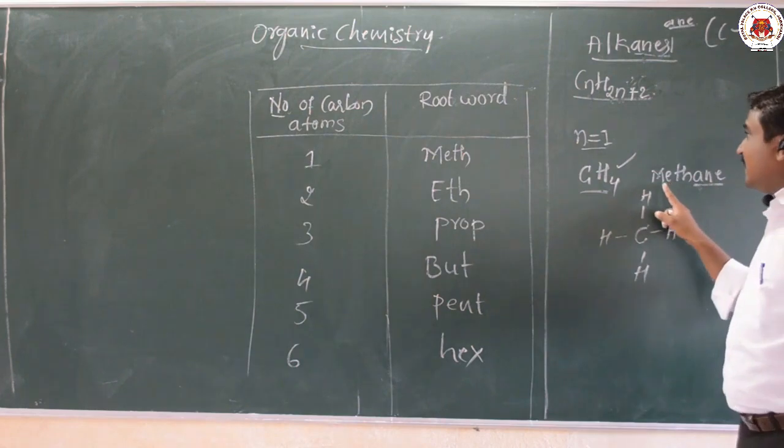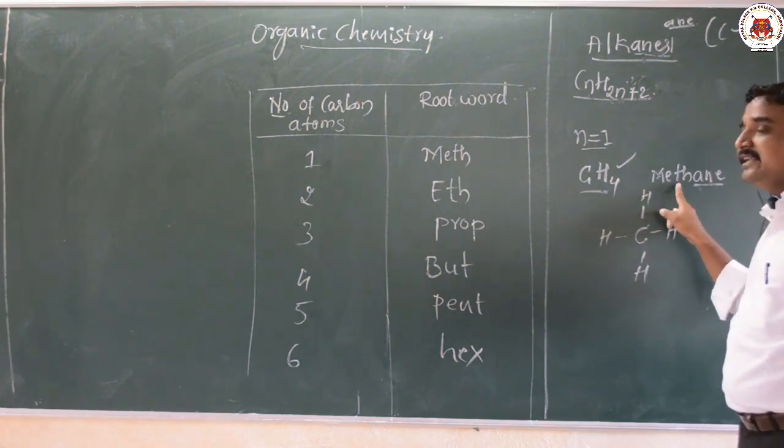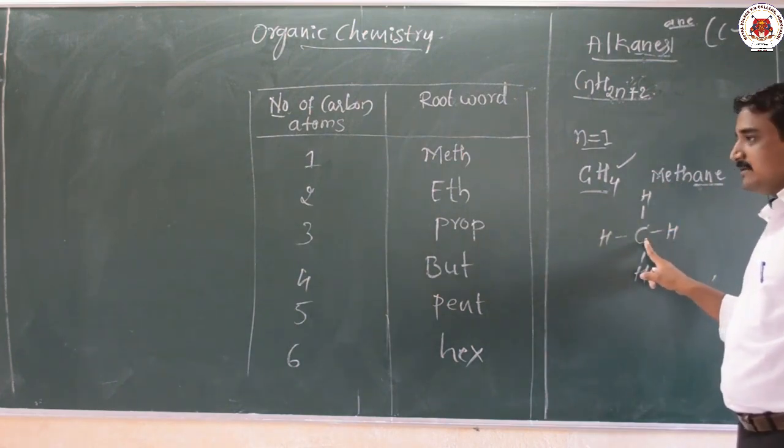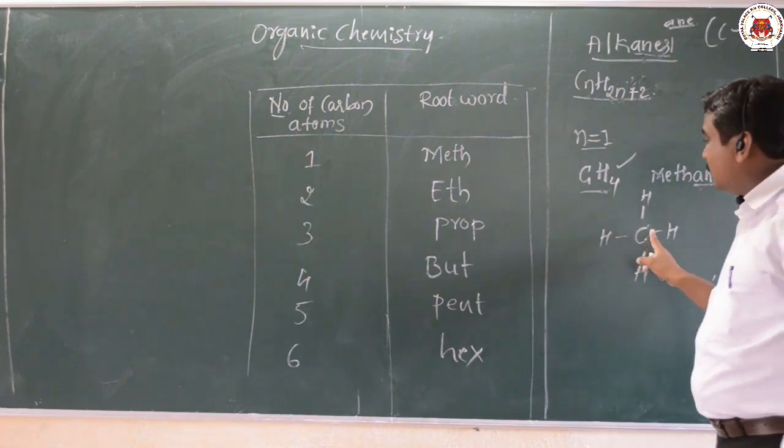Here I have written meth, which indicates that the number of carbon atoms present in the given organic compound is 1.